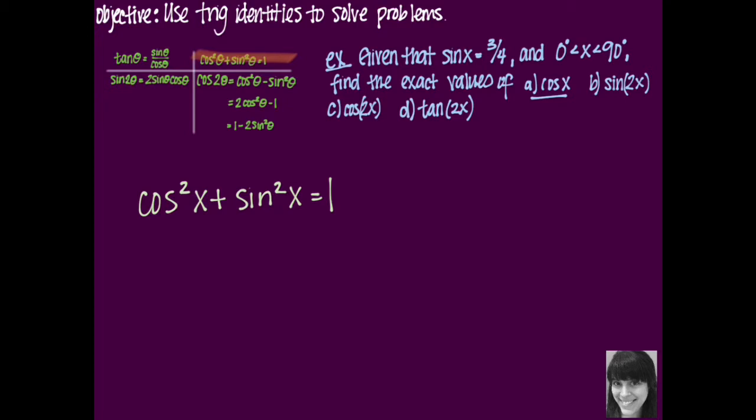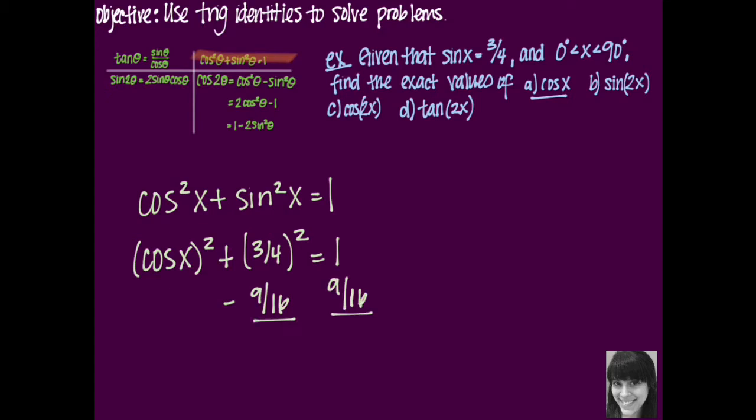Now I have sine of x, so I could do it as cosine of x squared plus sine of x, which is 3/4 squared, equals 1. And then I just solve for cosine of x, because that's the unknown that I want to find out. So I can subtract 9/16 from both sides. And I drop down the cosine of x squared.